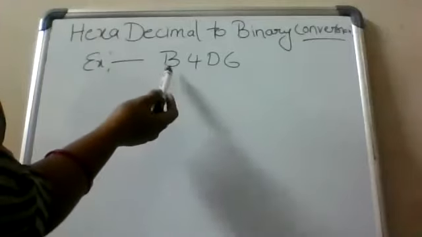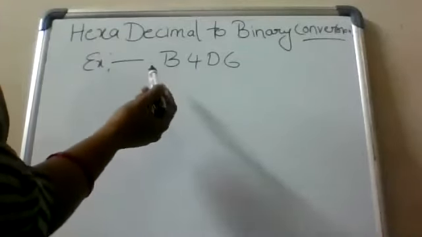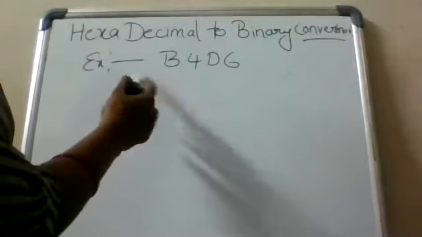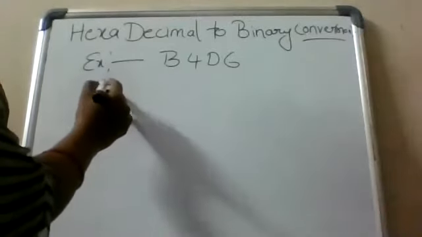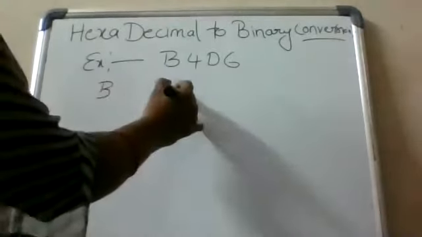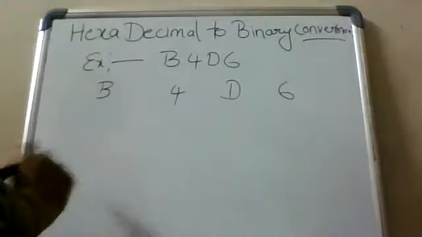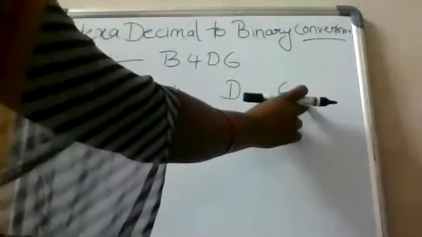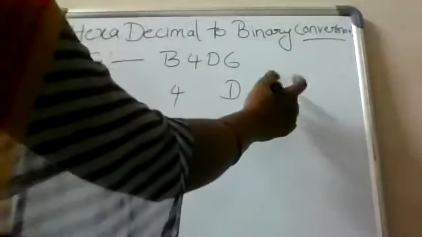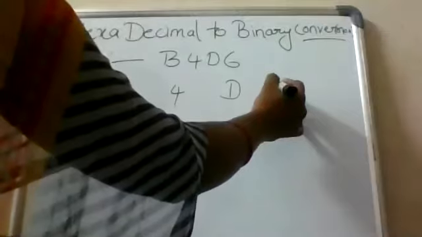That's why the given number is B4D6. First of all, take every number separately. B4D6, and every number we divide with 2.